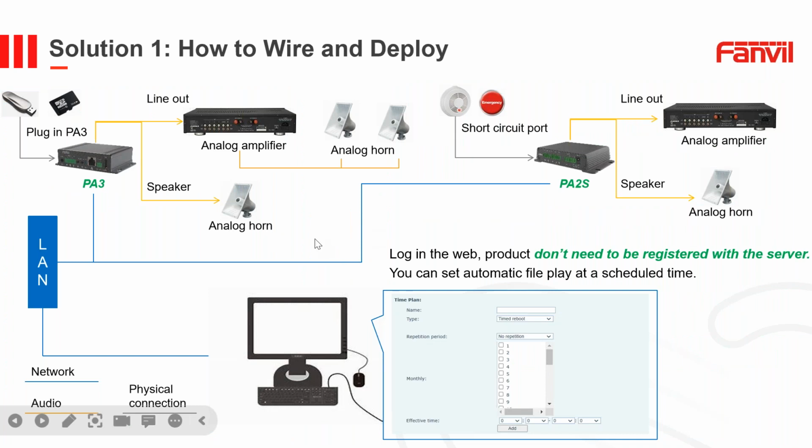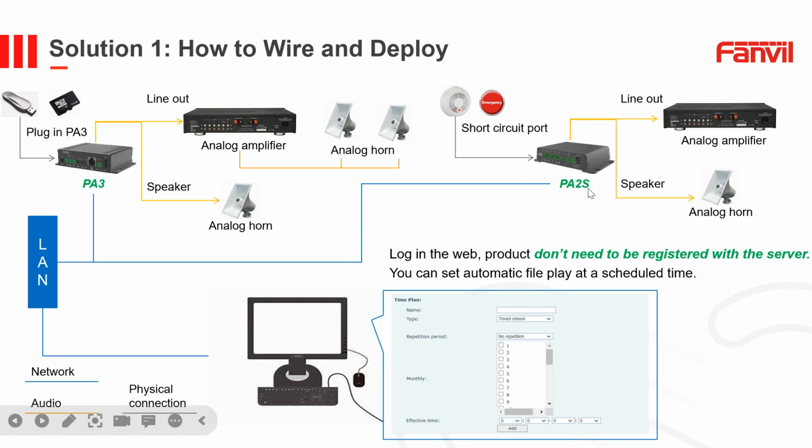And on this page, I want to show you how to wire and deploy our solution. You can choose PA3 or PA2S. Like I said before, PA3 is more suitable for schedule plans, and you can plug in your USB card or TF card, and it can be connected with an analog amplifier or analog speaker.